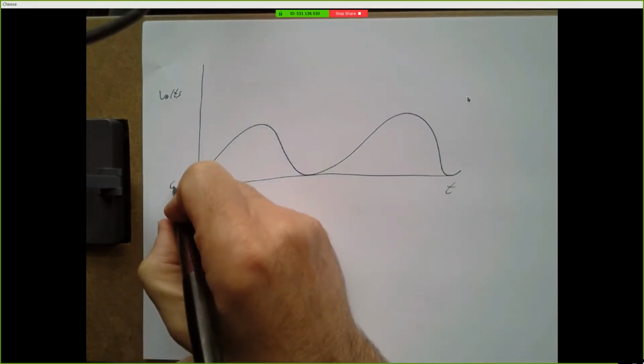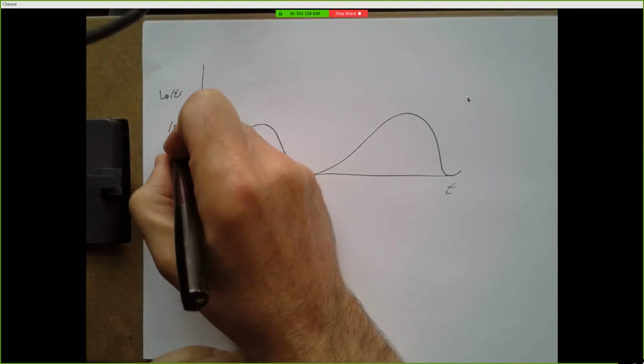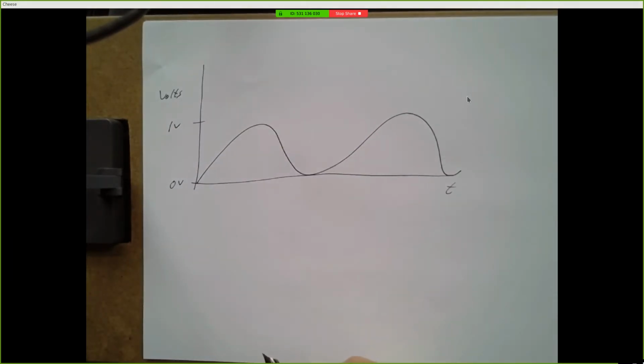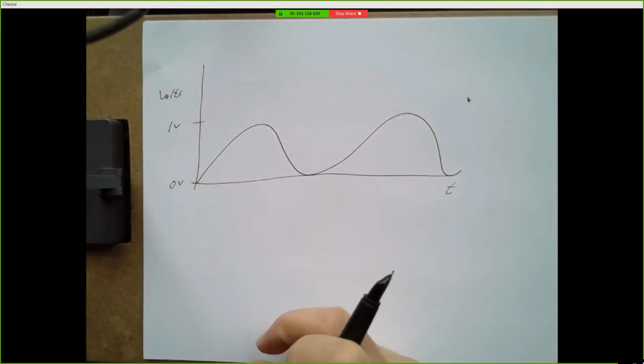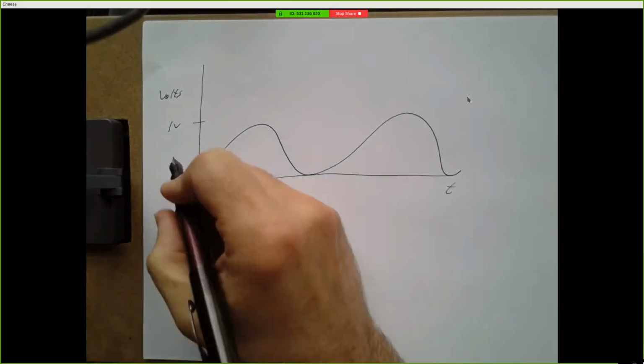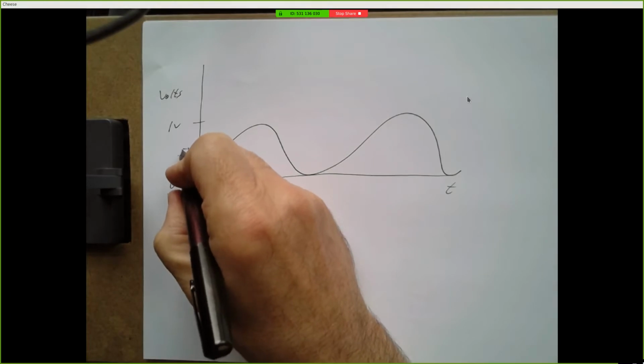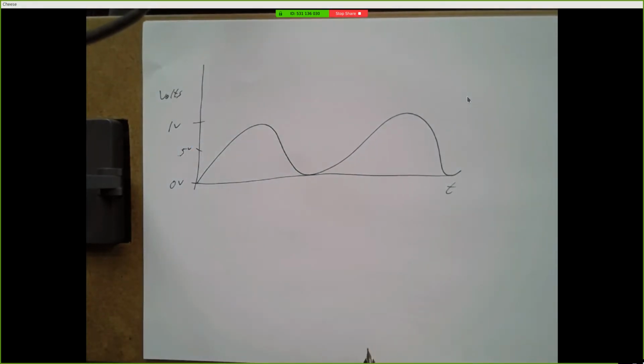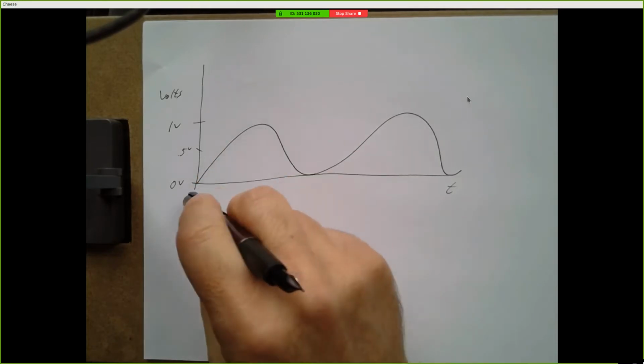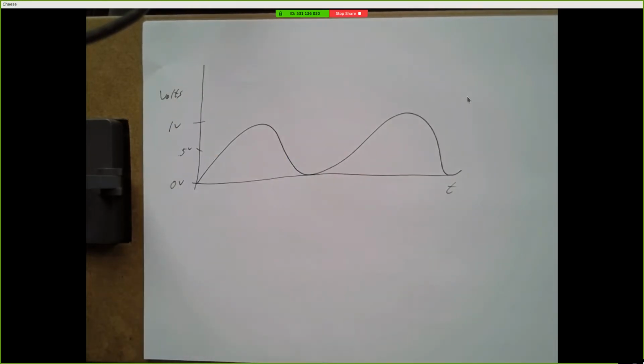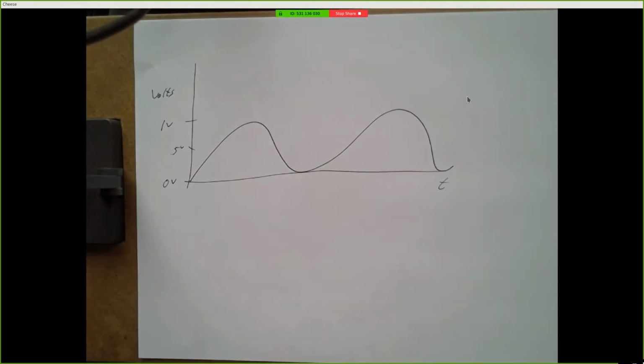And maybe this is 0 volts, and maybe this is 1 volt. So it's a sine wave with a peak-to-peak amplitude of 1 volt, and it's centered at 0.5 volts. And maybe we have a computer circuit that wants to do something with this, like analyze it and record it and play it back. A music player. Well, if our computer only has 1s and 0s, but we have this thing which goes smoothly between 0 volts and 1 volt, how are we going to store this inside our computer?